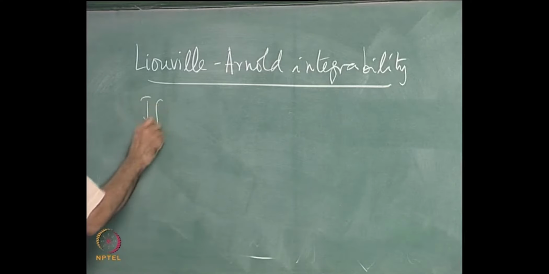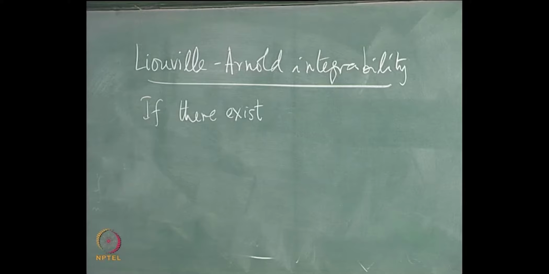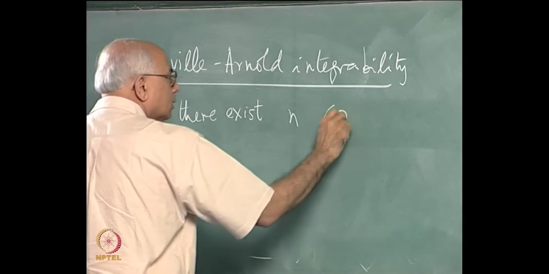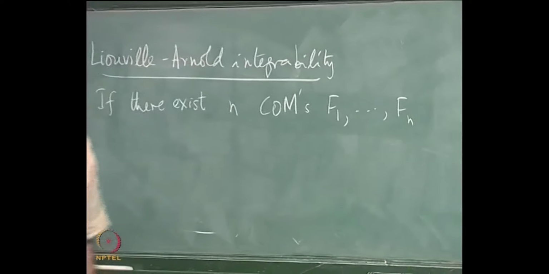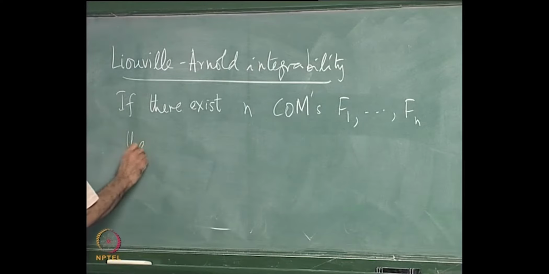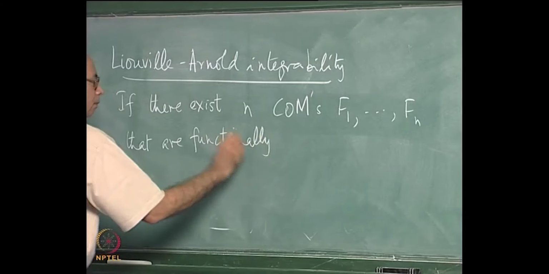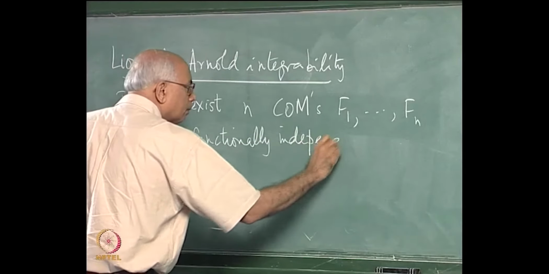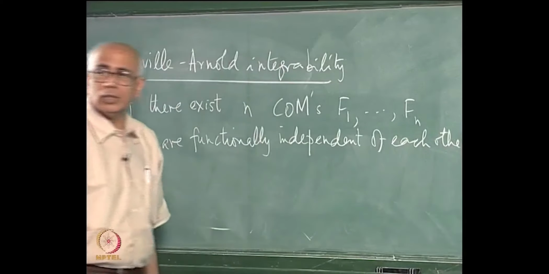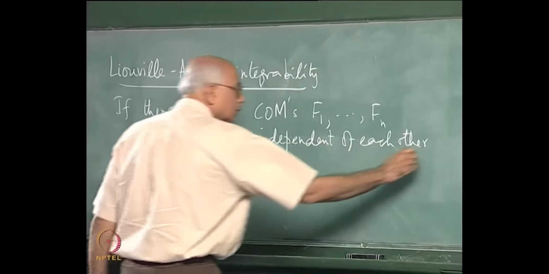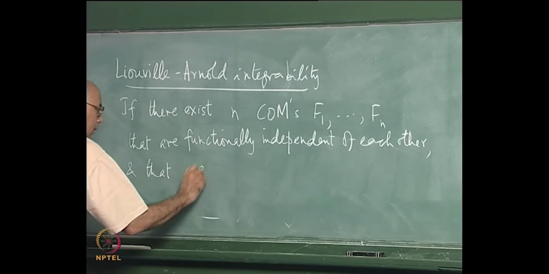It says if there exist n constants of the motion, n COMs, f1 up to fn, that are functionally independent of each other and that are in involution.